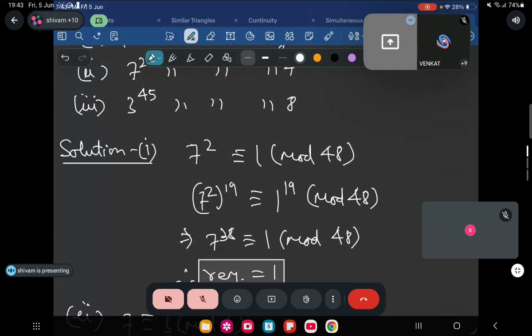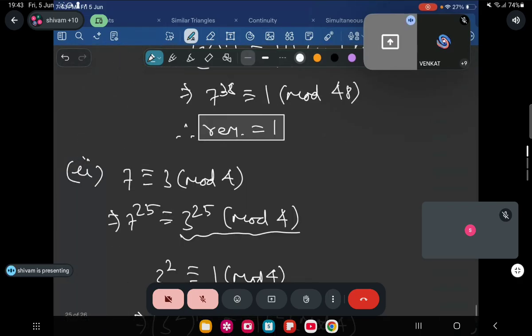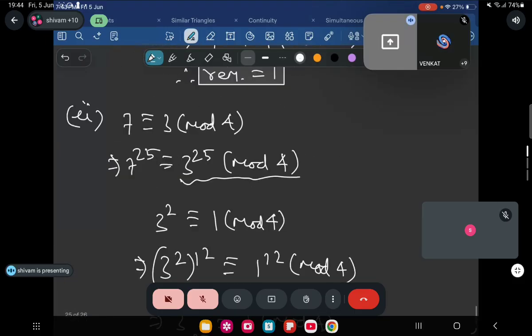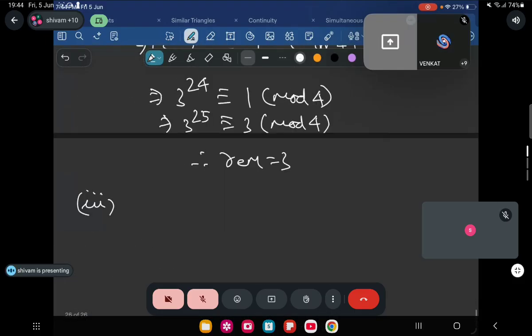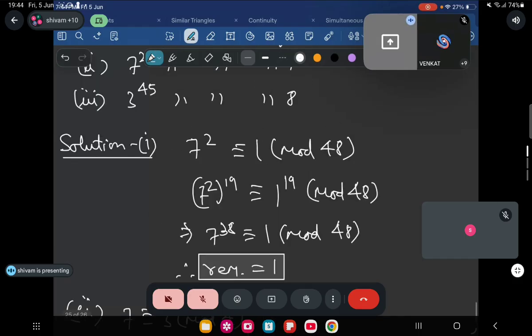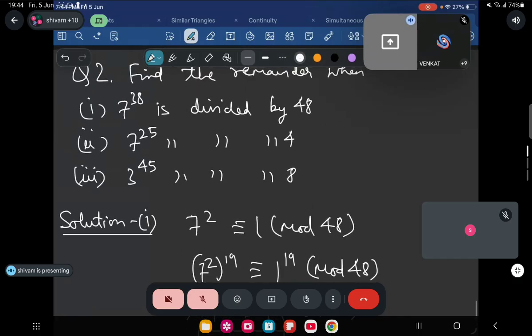Now part 3, you tell me how to solve. Sir, we have 3 to the power 45 divided by 8. So tell me, 3 to the power something is congruent to 1 or minus 1 mod 8. Sir, 3 to the power 2 is equal to 1. Correct. 3 square is congruent to 1 mod 8. By what should we raise the power for 45?